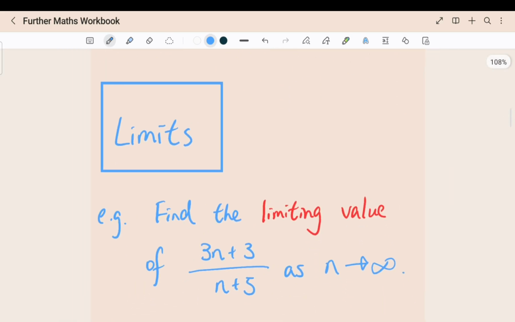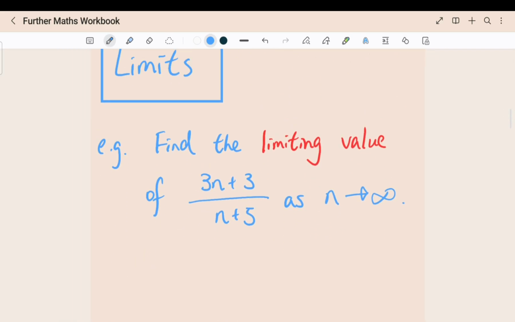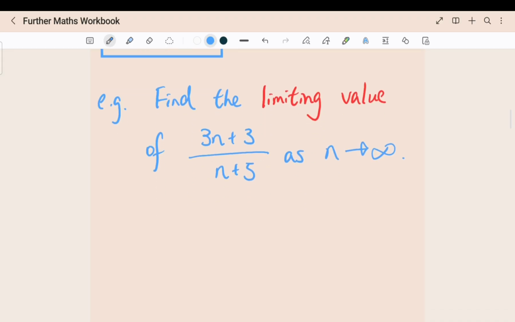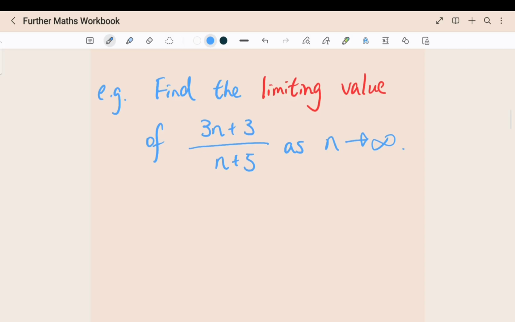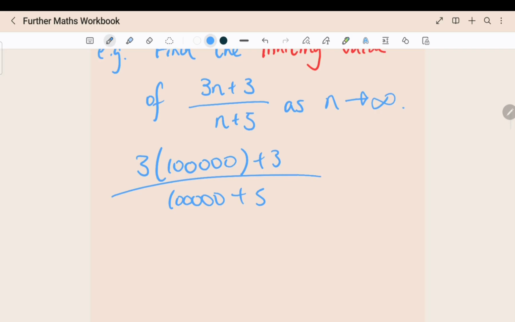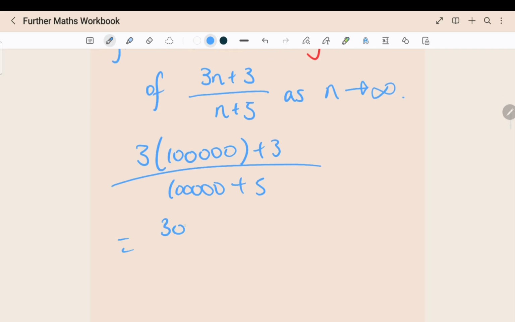Limits. So to find the limiting value of something that approaches infinity, all we need to do is sub in a very big value. So what if n equals like 100,000? If I just put in n equals 100,000, I get this.